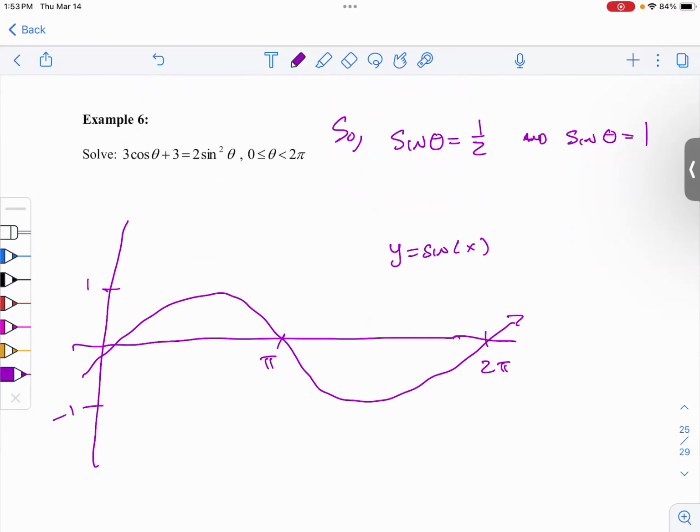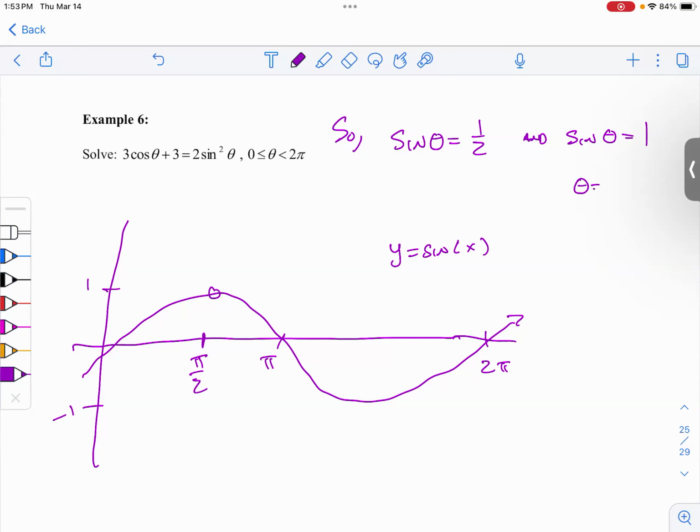All right, so our standard sine graph. This is actually awesome news, we haven't had this yet. Sine theta = 1. What angle is that? 90. That's right here at pi/2.